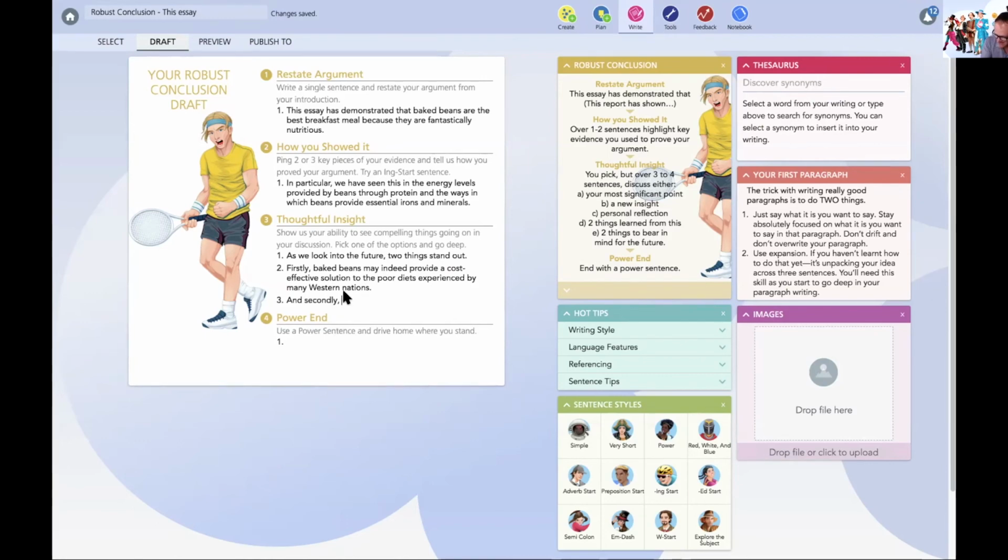And secondly, hold your attention, please, that if we are to have enough beans to go around, governments must increase bean production urgently, or we will be beanless.